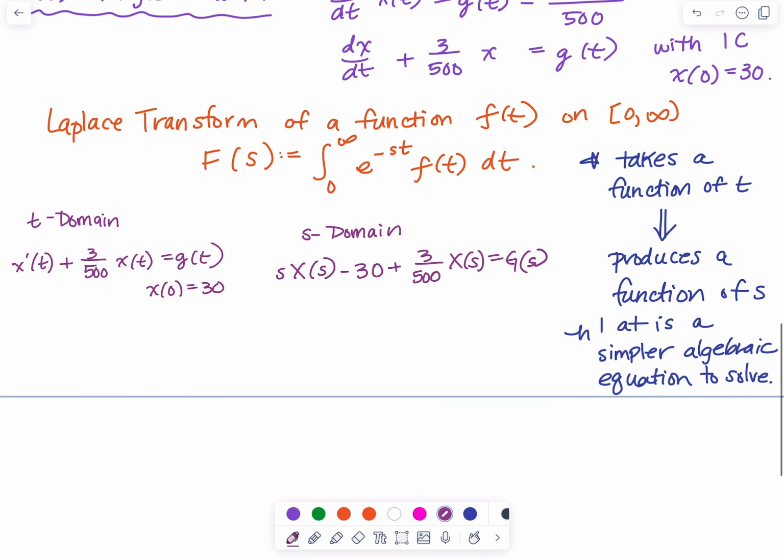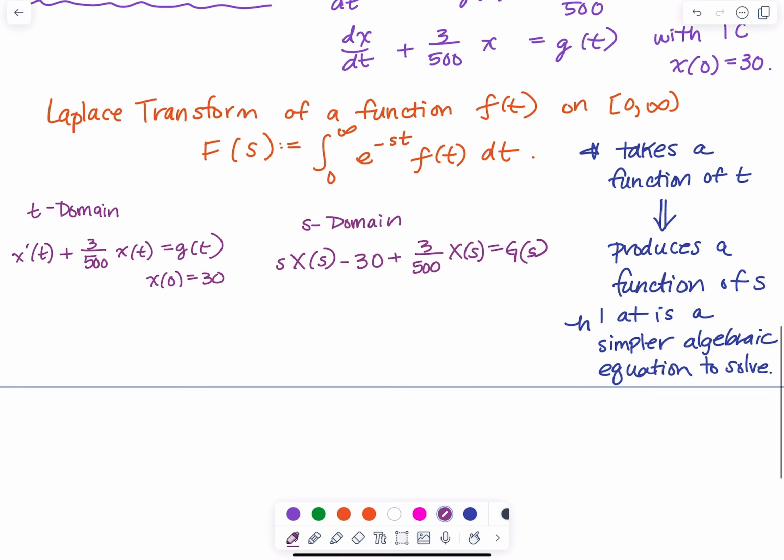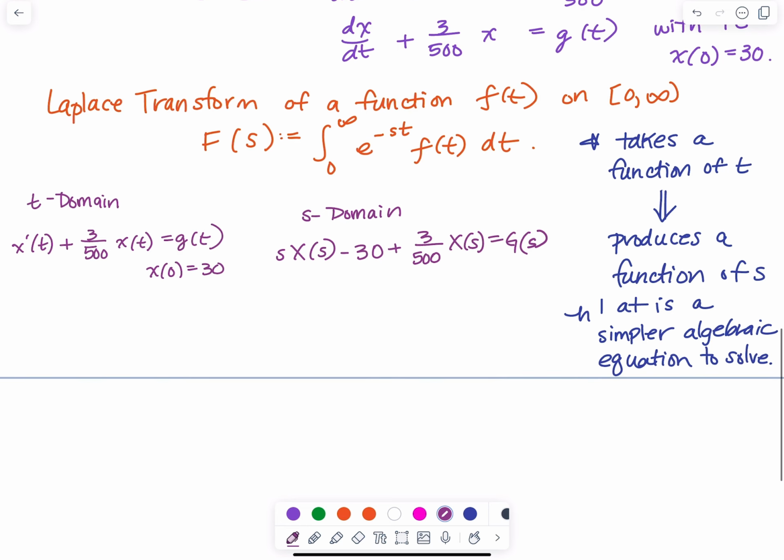So now we can find x of S in the S domain without solving any differential equations.